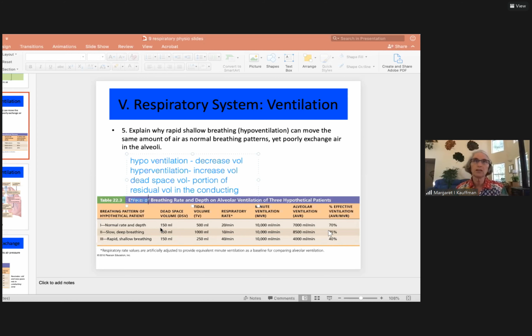And therefore, you can kind of roughly use body weight in pounds as equivalent to the number of mLs of conducting zone. Clearly, someone who's short and very stout, that's not going to work. But for an average build person, the taller they are, the longer their conducting zone.